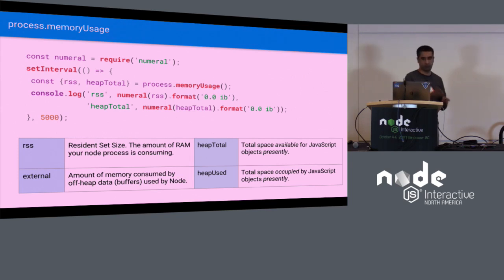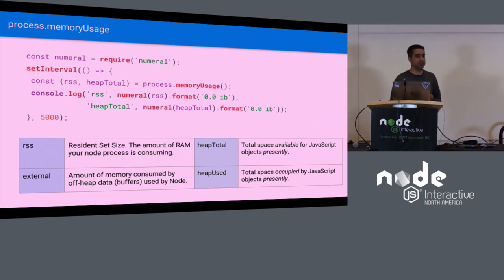For example, if the Postgres module that you're using is allocating C++ objects, those would all be in the RSS. So if your RSS is going up, you probably have a memory leak. Actually, I should refine that and say if the resident set size is going up and you don't expect it to go up, that's when you're likely to have a memory leak.